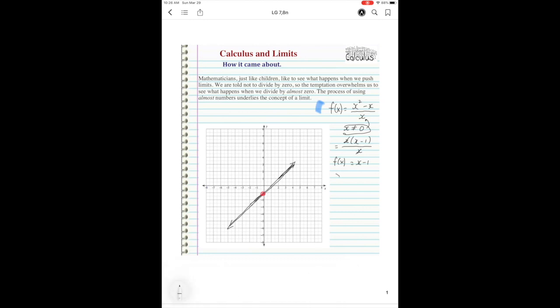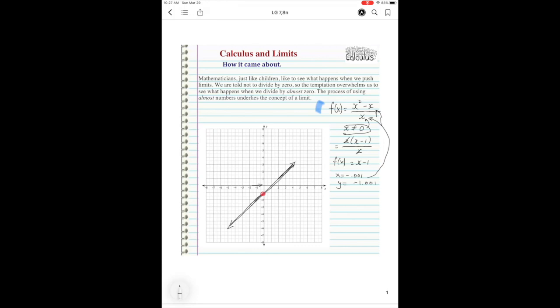Let's pick x equals negative 0.001. That's super close to 0 on the negative, left side. If we put that into the function, we get an output of negative 1.001.